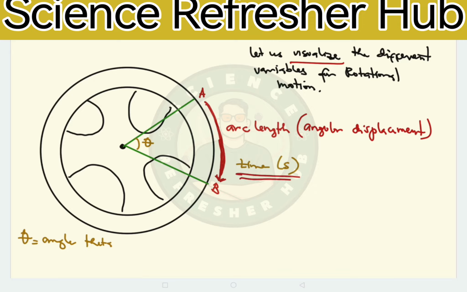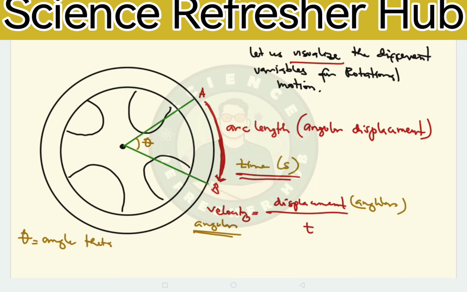Remember the formula, displacement over time. What is that variable in our physics topic? It's what we call velocity, but this time we are dealing with the angular displacement, right? Therefore, the velocity we are talking about here, to be specific, is called the angular velocity because the object spins or rotates.